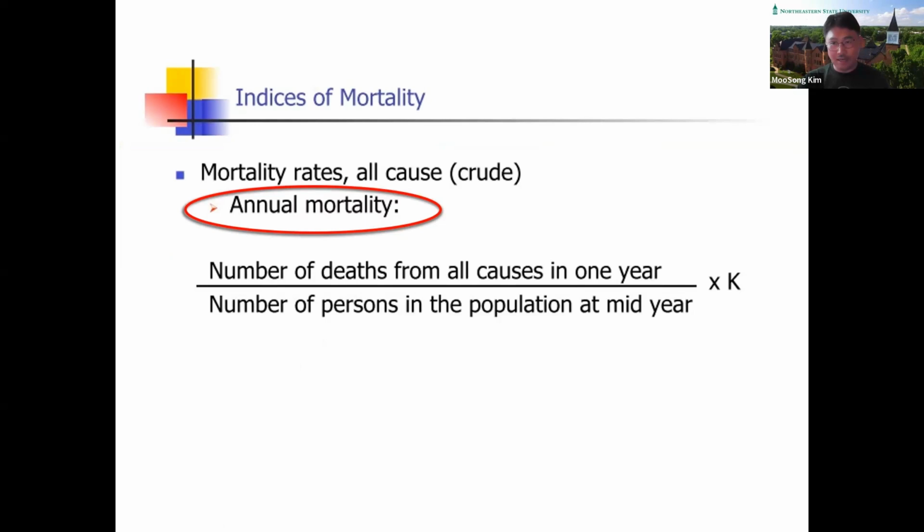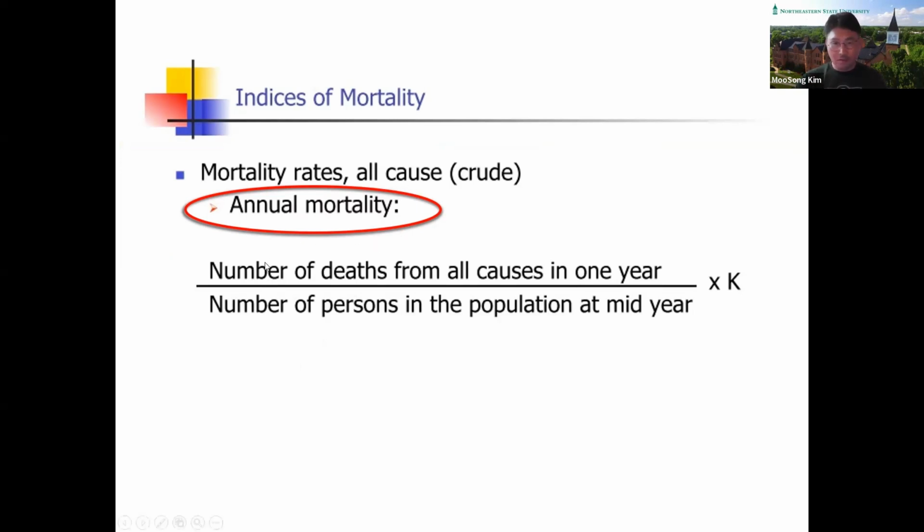The first mortality rate is the annual mortality rate. Annual mortality is an indicator of all deaths from all diseases, so it is an overall, comprehensive mortality rate.